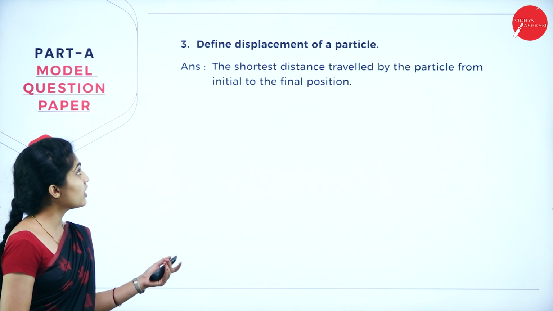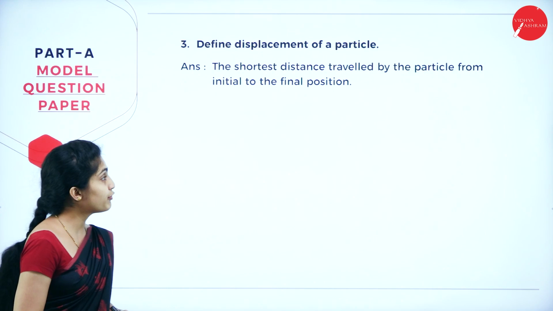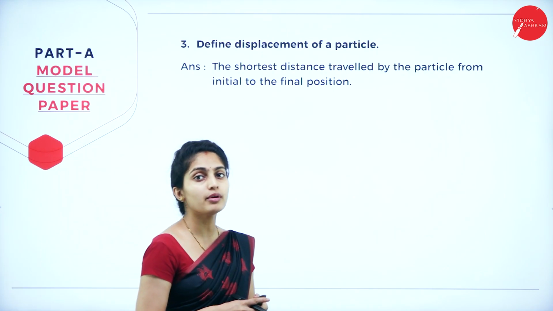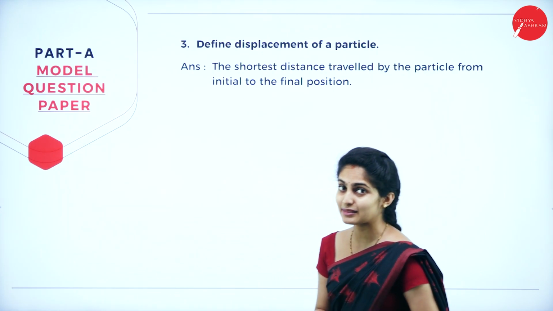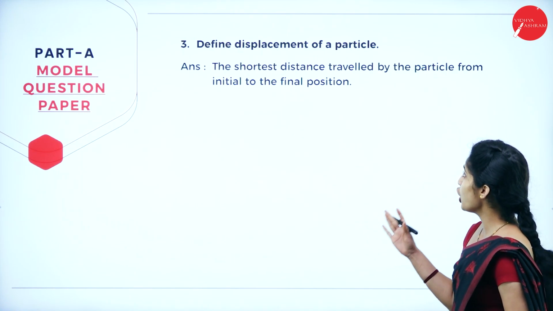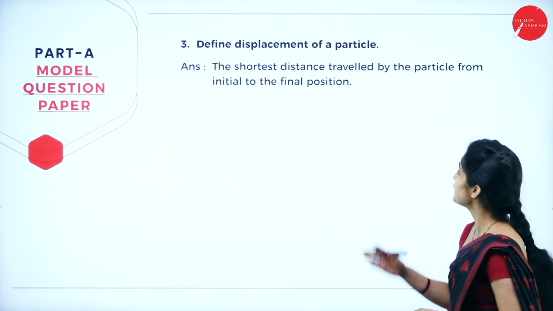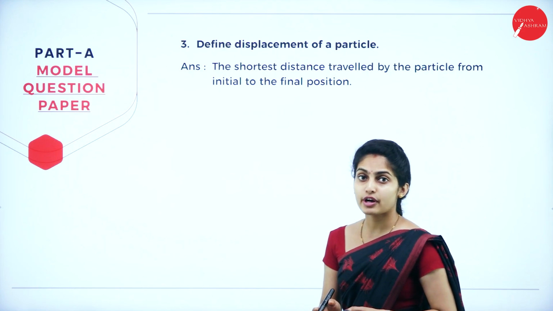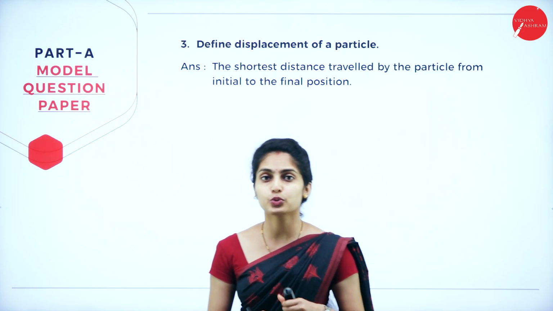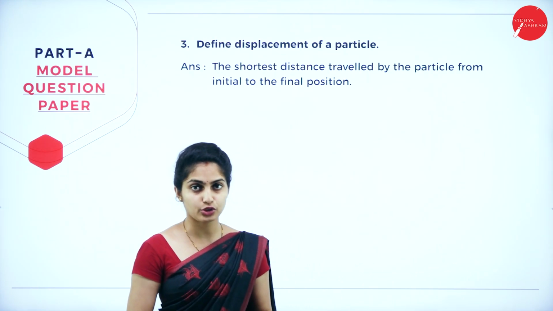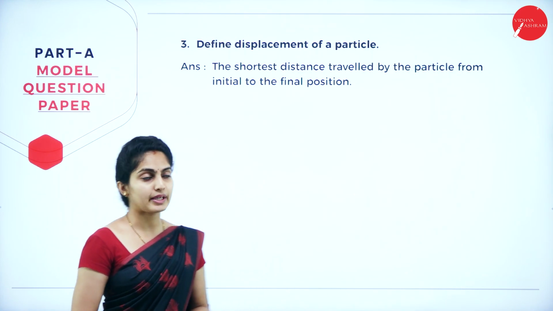The third question is: define displacement of a particle. As you all know, it is the shortest distance traveled by the particle from the initial position to the final position. So that is all about displacement.